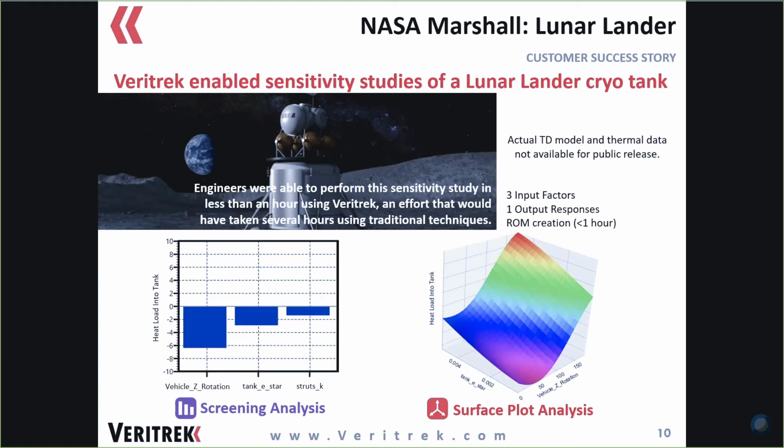This slide highlights some of the work that engineers at NASA Marshall have done. They used Veritrek to build a reduced order model for their lunar lander. They were specifically interested in understanding the design sensitivity of a heat load going into a cryo tank on the lunar lander, and understanding what's driving that heat load value.